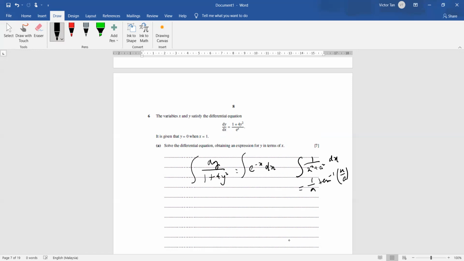So you have to change this into the form. I'm going to multiply by 1 over 4, so I have 1 over 4 here. This is just dy over y squared plus 1 over 4.